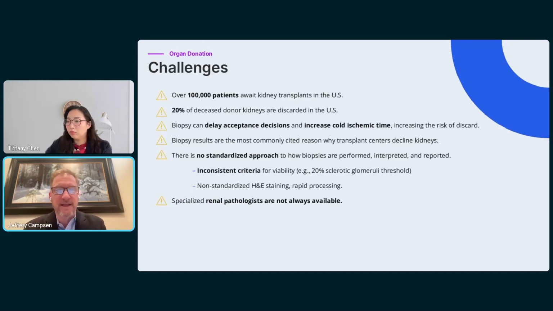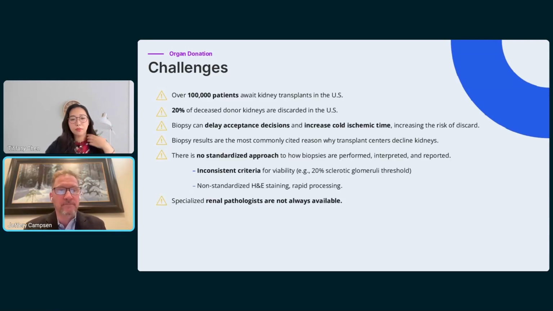Even though I just said that, there's actually no standardized approach to how biopsies are performed, interpreted, and or reported. This inconsistent criteria for viability is a real hindrance. There's sort of an unwritten agreement that somewhere around 20% of sclerotic glomeruli defined on the biopsy is a reason for turn down criteria, but that's not consistent.